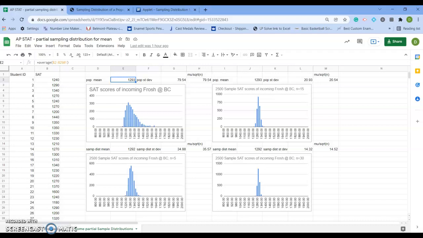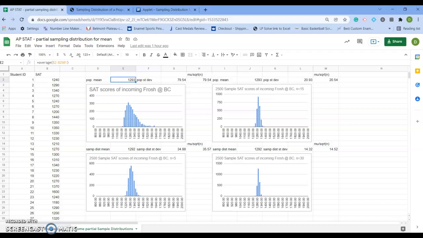Now, if I take samples of size 5, and I took 2,500 of them, the mean of those means, mu sub x bar, is pretty darn close to 1293. That's not surprising because x bar is an unbiased estimator.